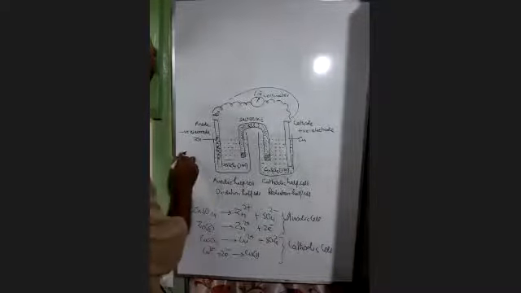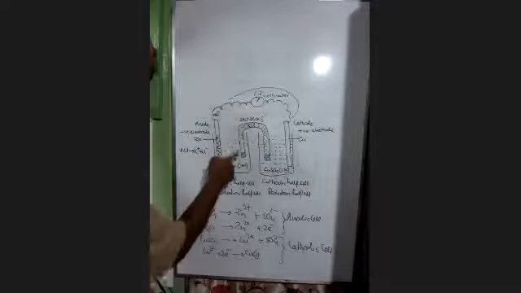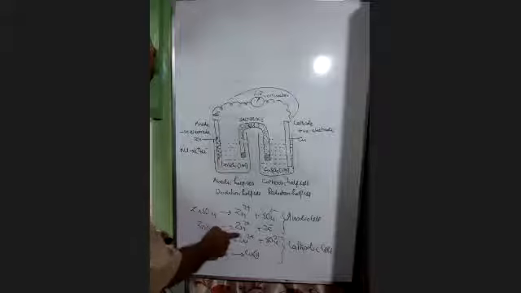See here. From the KCl bridge you get K plus and Cl minus. From there, for each zinc, 2 chloride comes here. Each chloride is minus, so 2 chloride means 2 minus. It neutralizes the excess zinc.